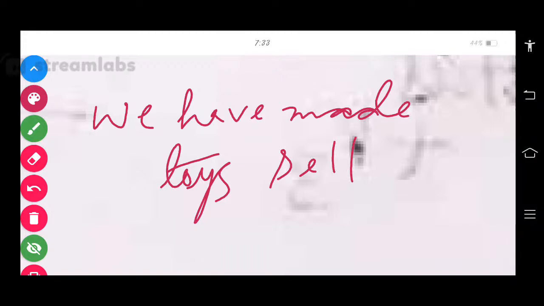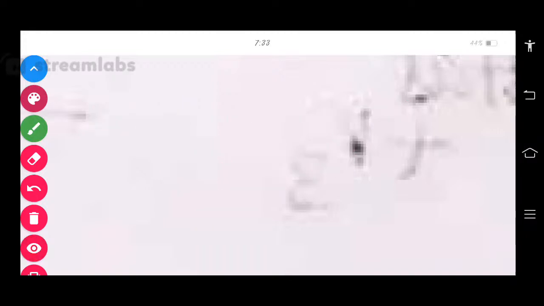What is the correct passive sentence of this? In this sentence, that is what you have to remember.